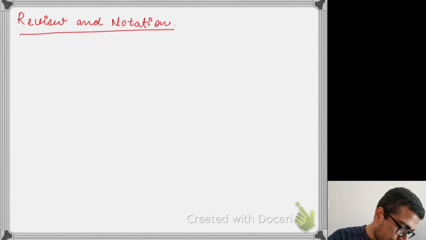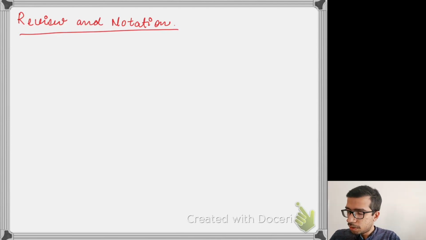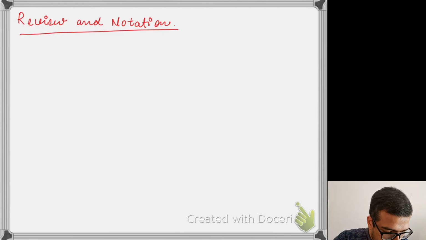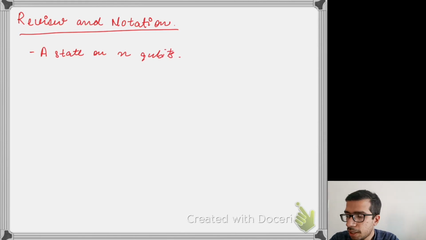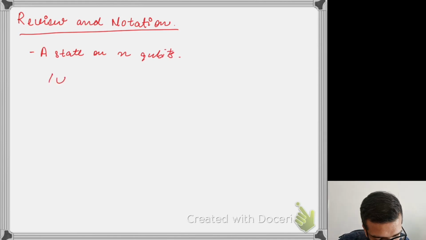So let's do review and notation. Firstly, a state on n qubits is represented by ket psi.